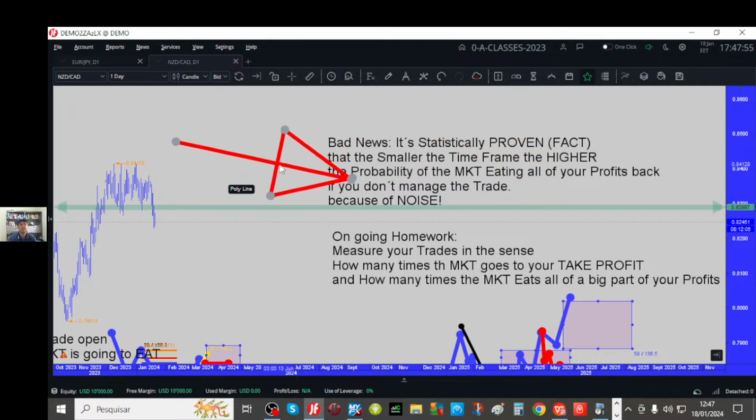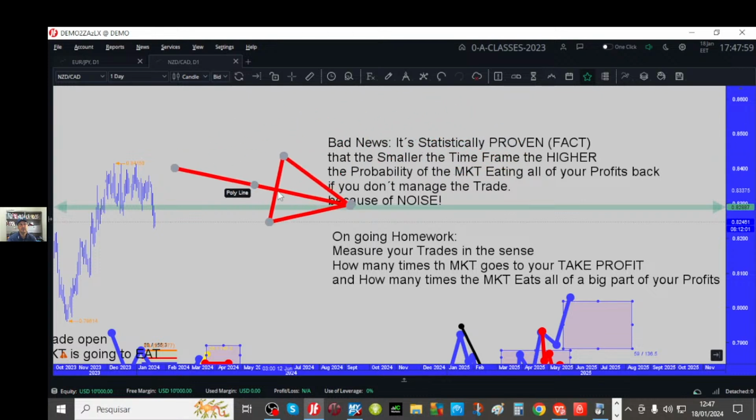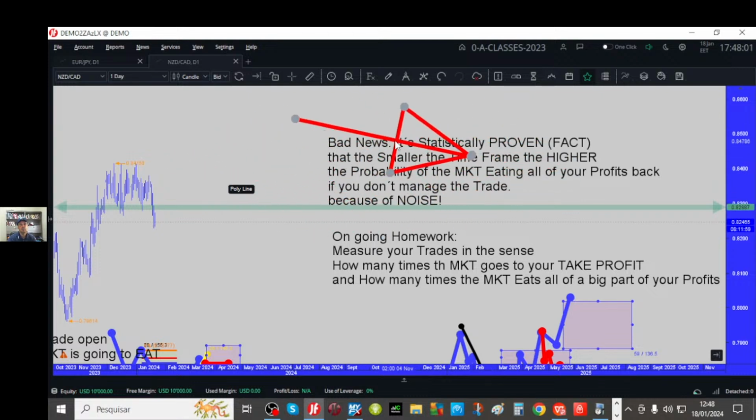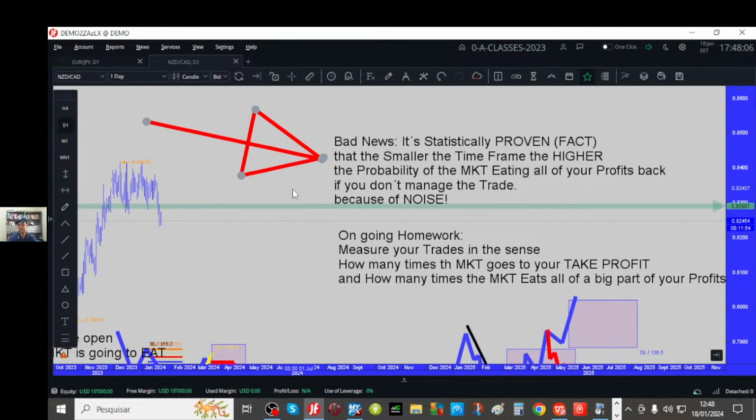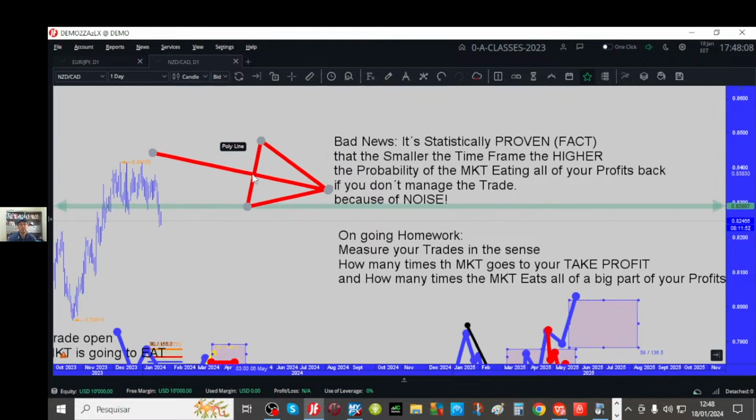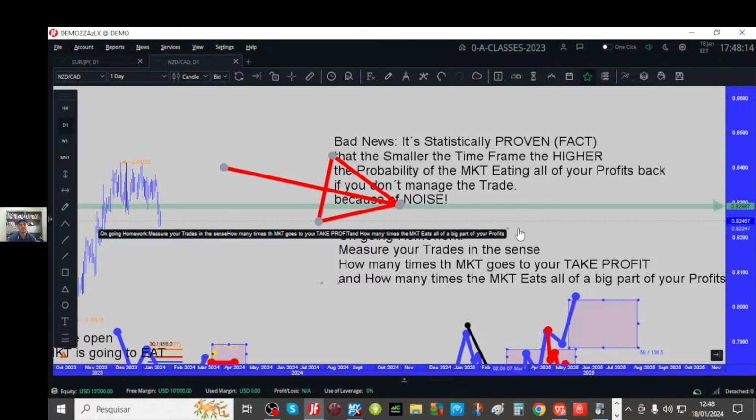Statistically proven. But the same Fibonacci on the 15-minute chart gets to randomness, gets to 50-50. So this is noise. What is noise? Patterns that don't work. Make sense?